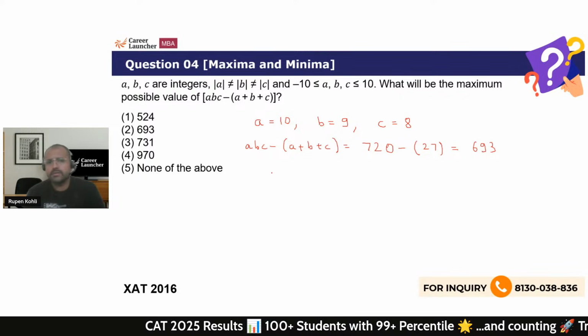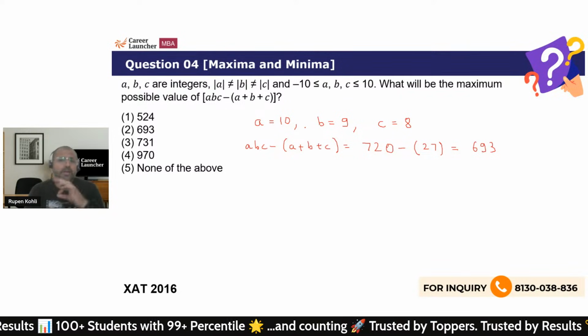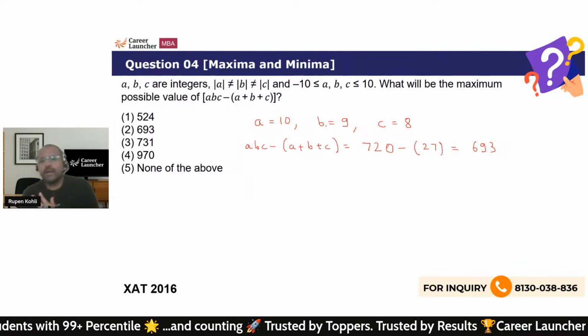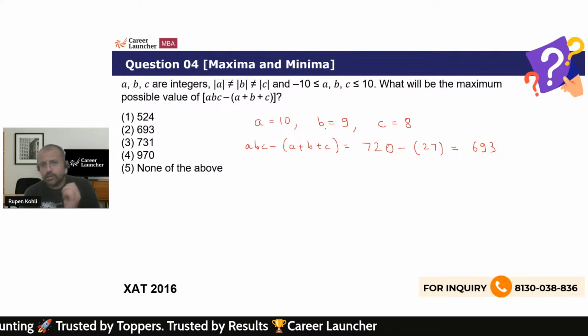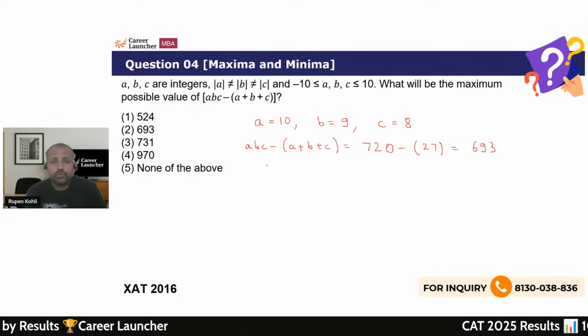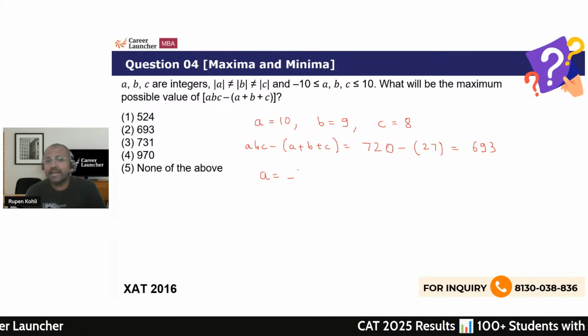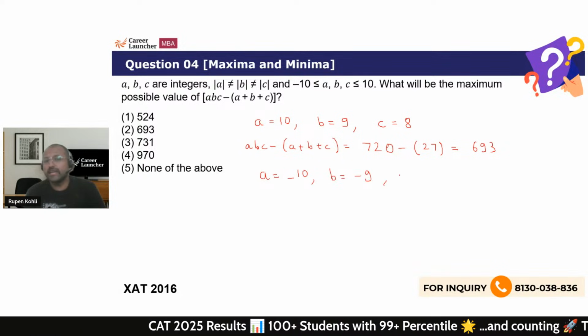So think about this. What if you introduce a minus sign in two of the parameters, let's say A and B? In the product, minus minus will still become plus. So another choice could be to take A as -10, B as -9, C as 8.